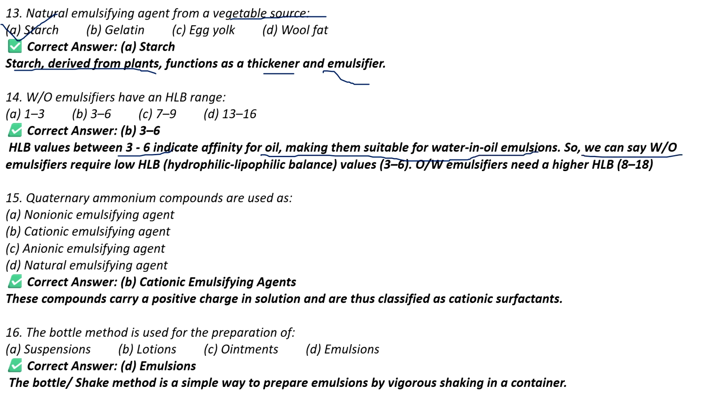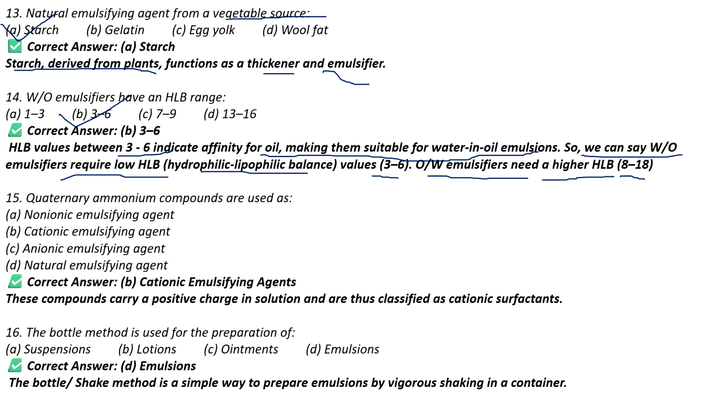So we can say water in oil emulsifiers require a low HLB value, or hydrophilic lipophilic balance value, around 3 to 6, while oil in water emulsifiers need a higher HLB value around 8 to 18. So here in the question we have been asked that water in oil emulsifier have an HLB range of around, the correct answer would be option B, that is 3 to 6. Moving on to the next question.